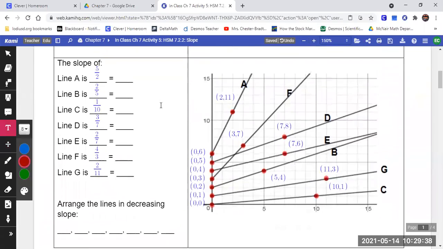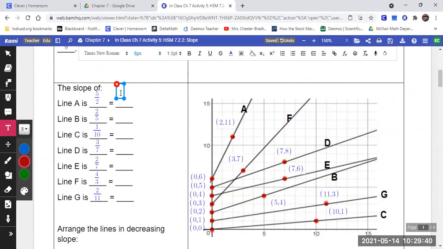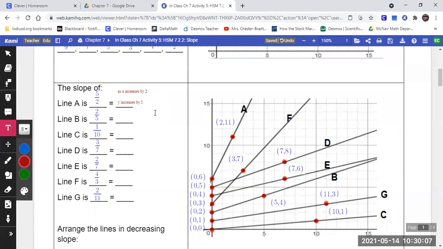Because we have to understand how slope works. So what's going on for A? As X increases by how much? How much is the X increasing by? 2. The Y increases by 5. And we're going to copy this comment down to all of them. Okay, we're going to do the comment for all of them.